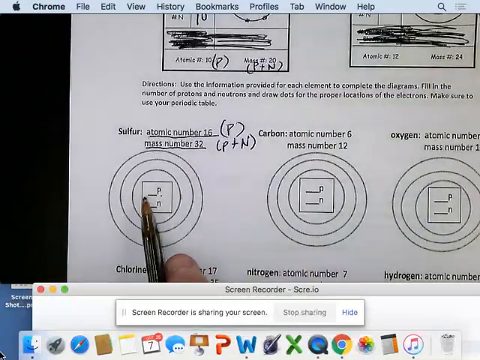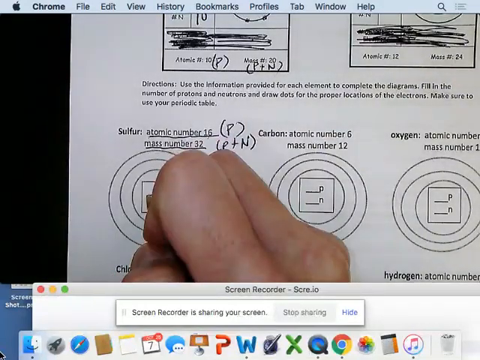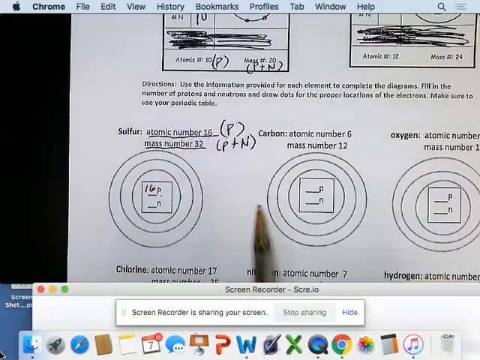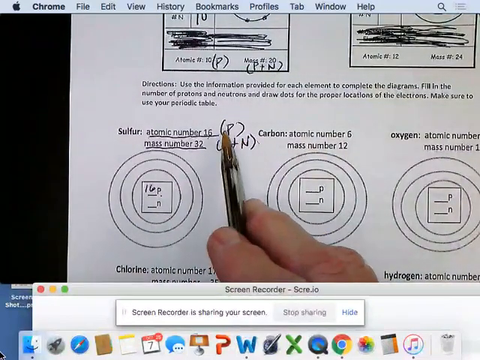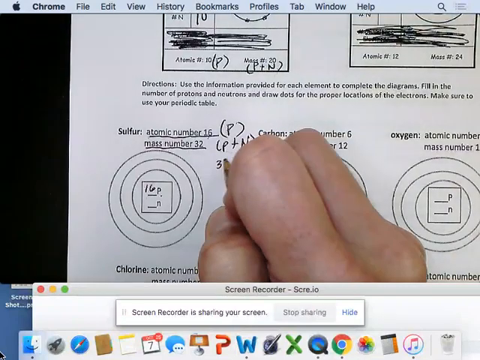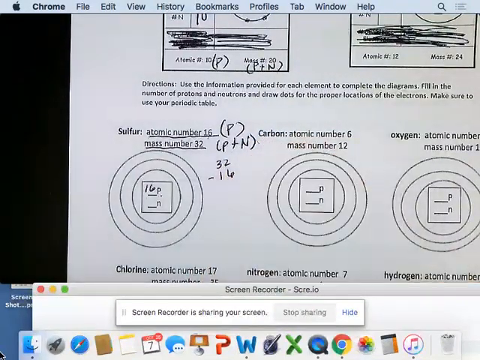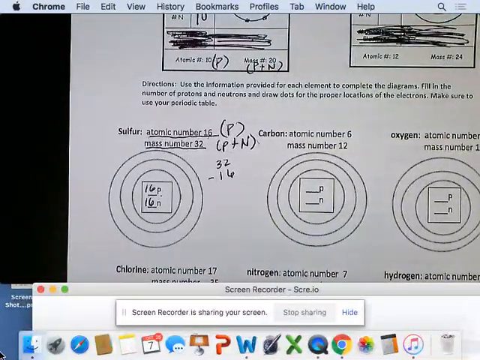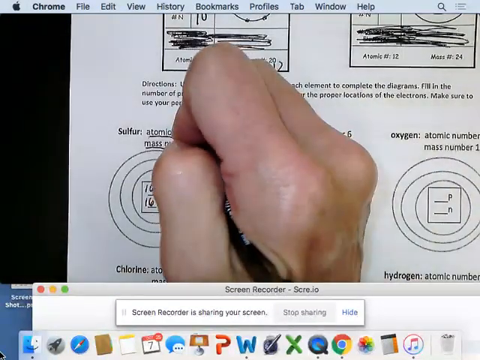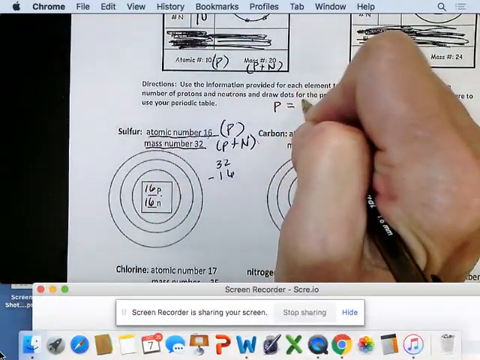So next to P for proton, we would put 16. That's our atomic number. For our neutrons, remember we take the protons and neutrons and subtract the protons. So 32 minus 16 is 16 for the neutrons. Okay? Then we're going to assume that this is neutral because we're not told otherwise, which means our protons will equal our electrons.